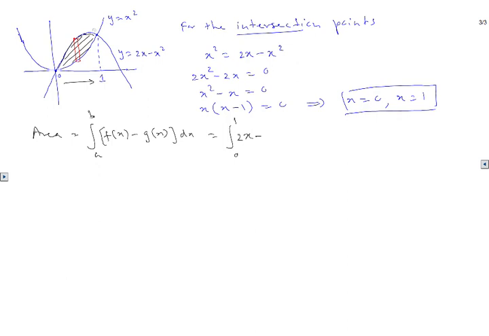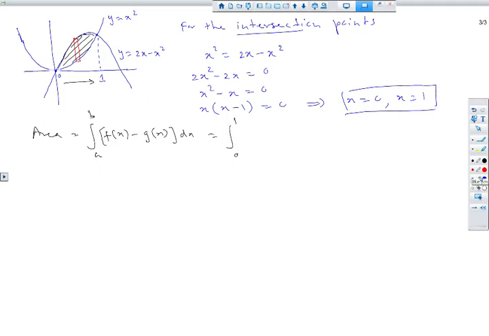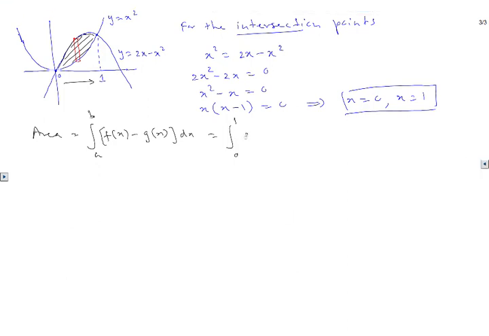It is 2x minus x squared. Okay, let me erase this and write it again. So it is 2x minus x squared, the top function, minus the bottom function, x squared, dx, and then you can simplify.